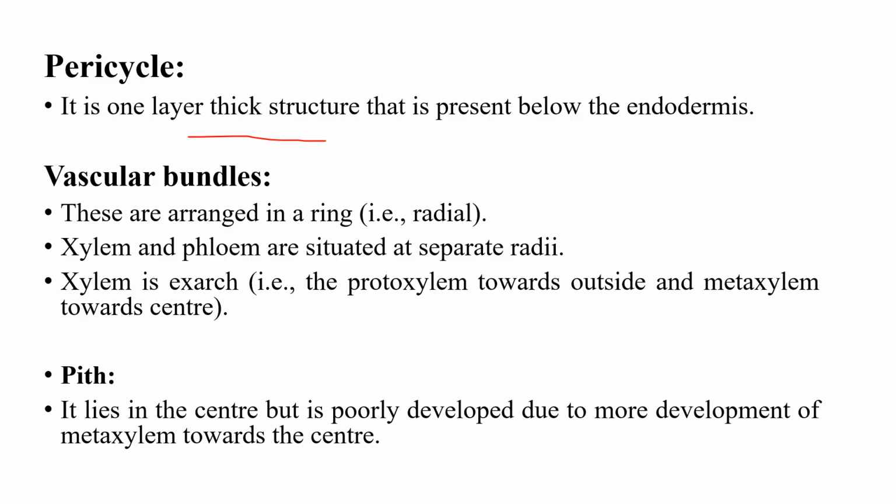The vascular bundle is radial, as I have already discussed that root has a radial type of vascular bundle. What is a radial type of vascular bundle? Where xylem and phloem patches are present separately. Xylem and phloem are situated at different radii. Xylem is exarch, that means the xylem always forms the protoxylem towards the periphery.